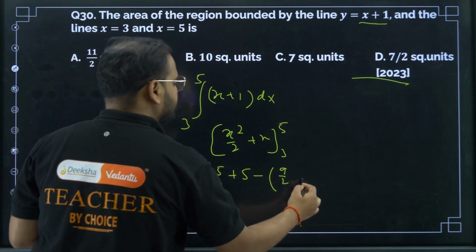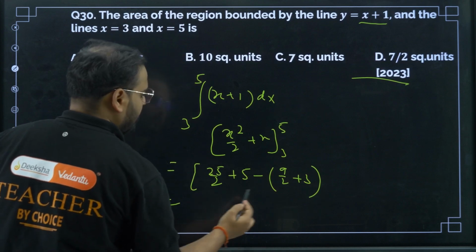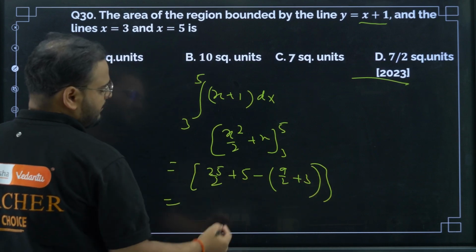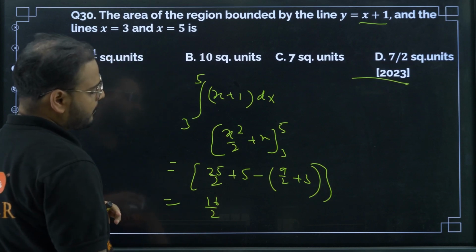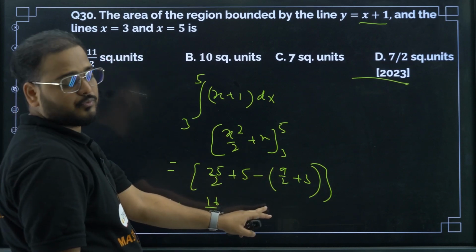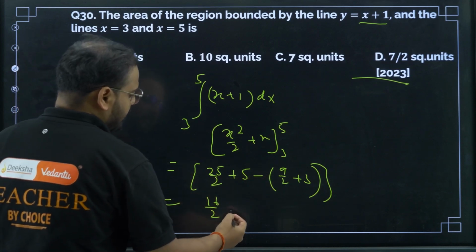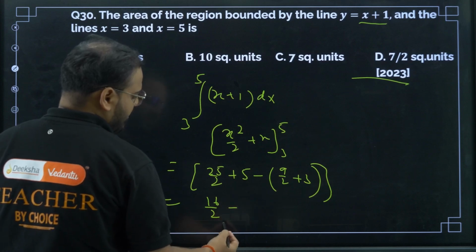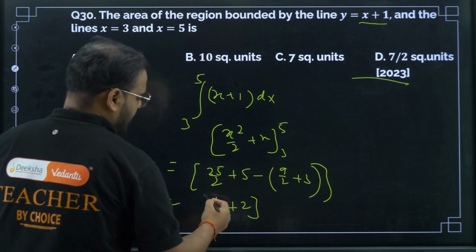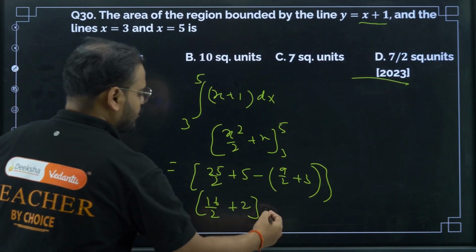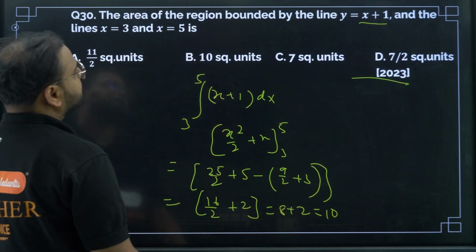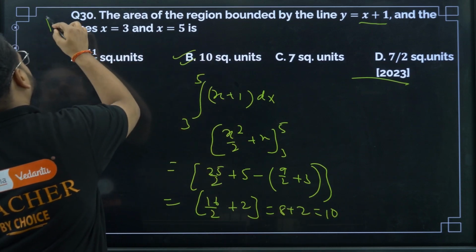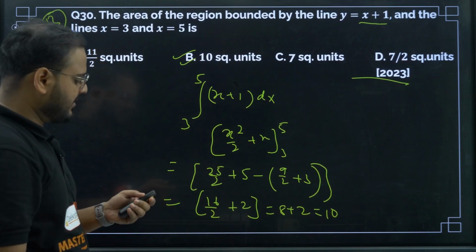So 25 by 2 minus 9 by 2 is 16 by 2, and plus 5 minus 3, so plus 2. 16 by 2 is 8, plus 2, that is 10. A very, very simple question.